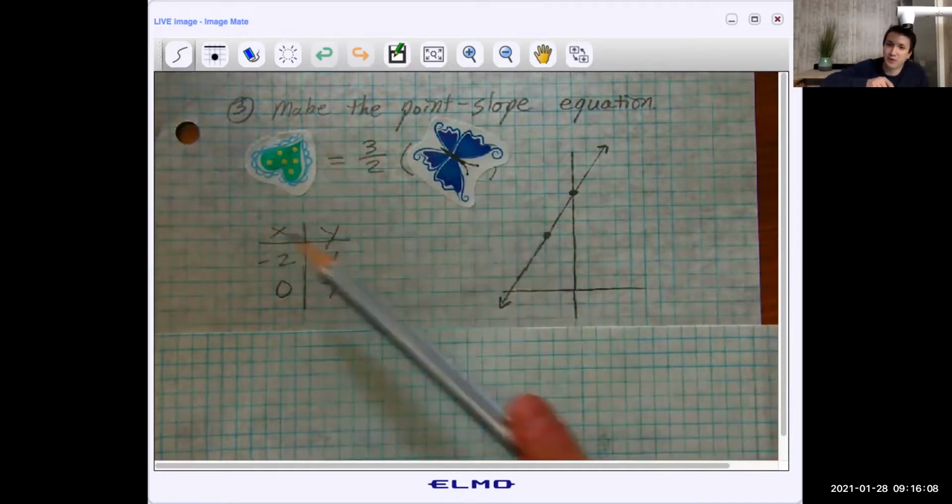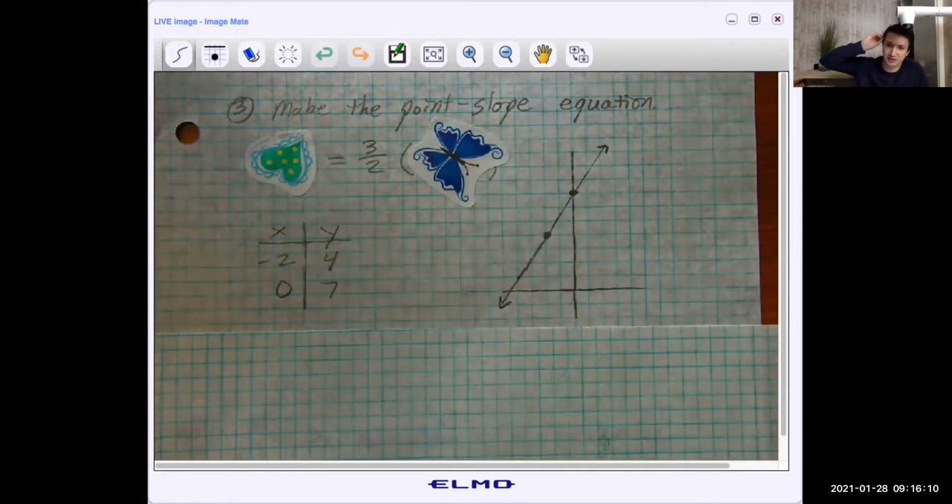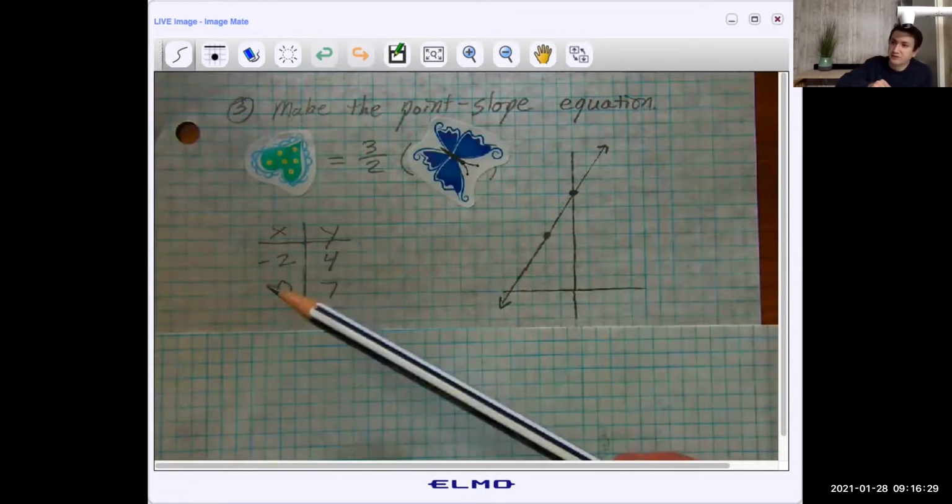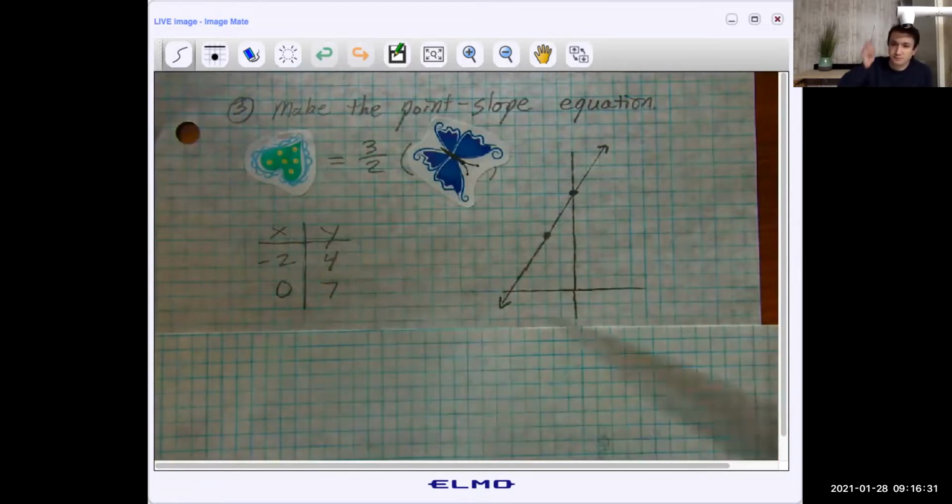If you can come up with the equation, do you want to just post it in chat? Can we just share all the ideas we're getting and we can talk about it. One person wrote to me that they're going to use the -2 and the 4.